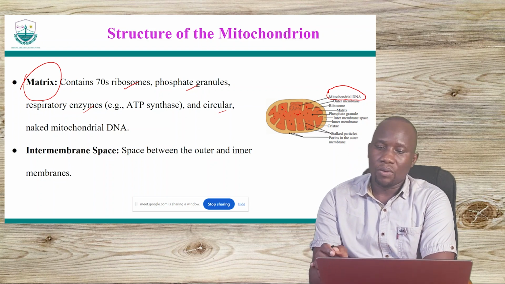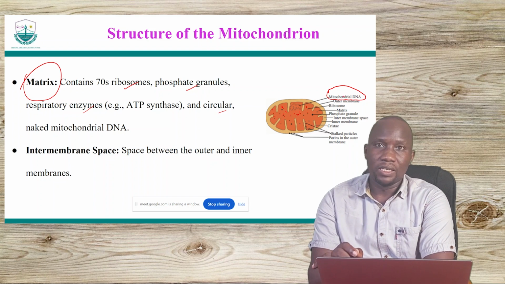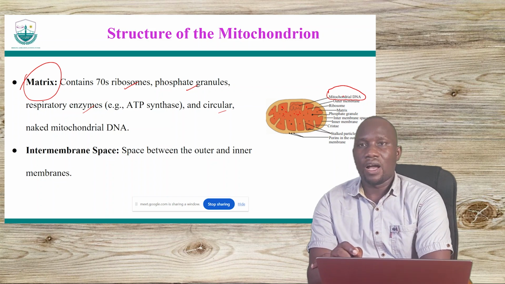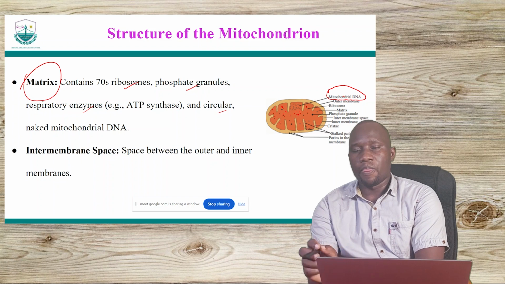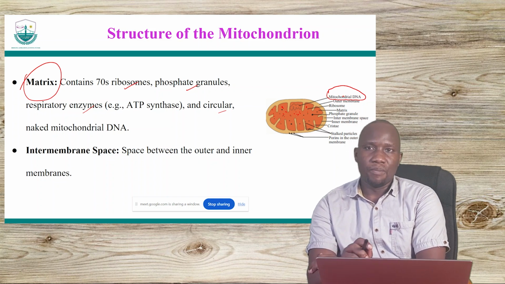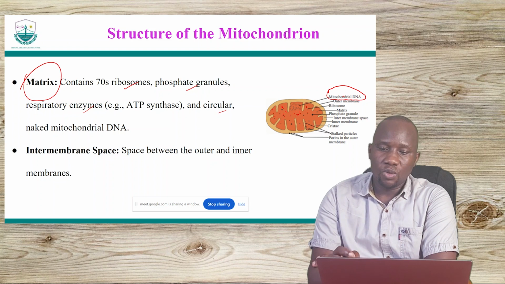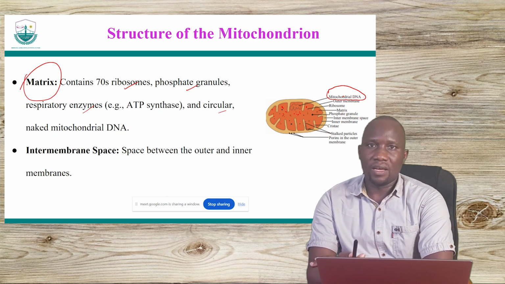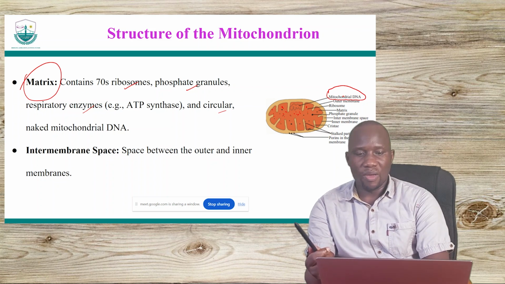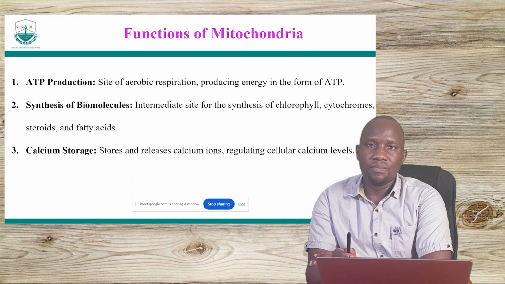So the fact that the mitochondrion has mitochondrial DNA makes it semi-autonomous. And then we have the intermembrane space. Between the outer and the inner membrane, we have a space, and that space is what we call the intermembrane space.